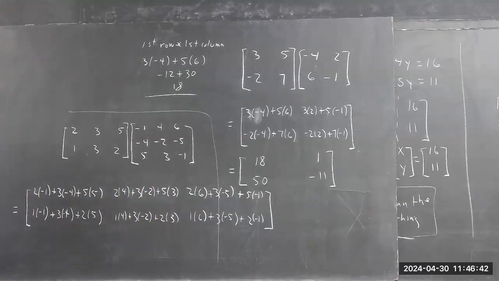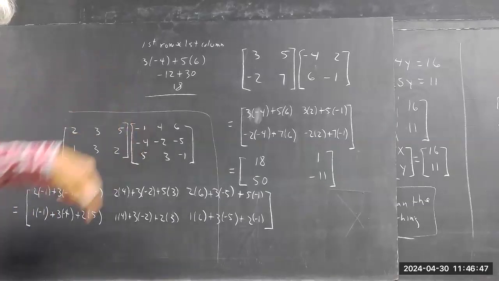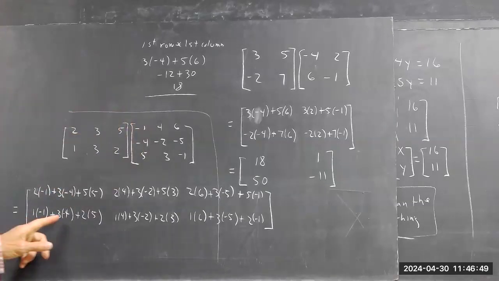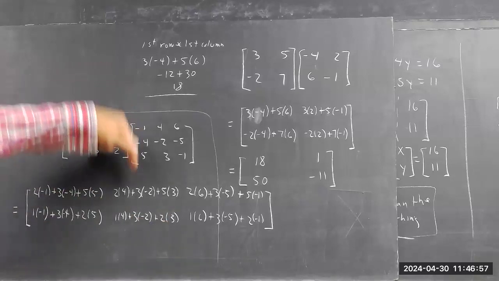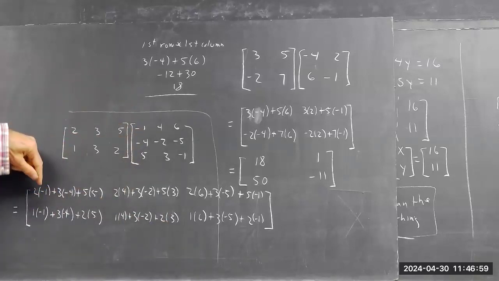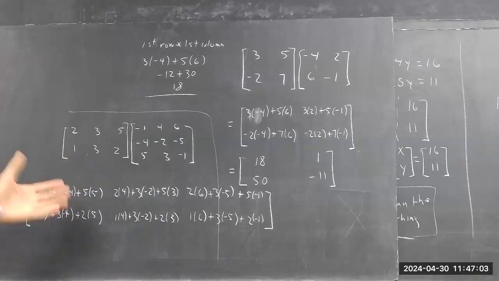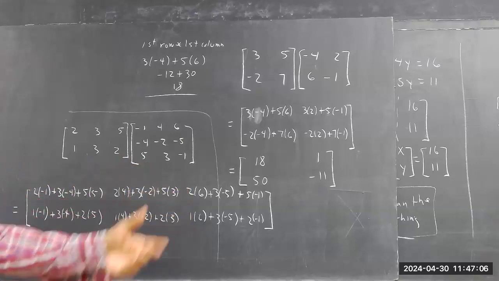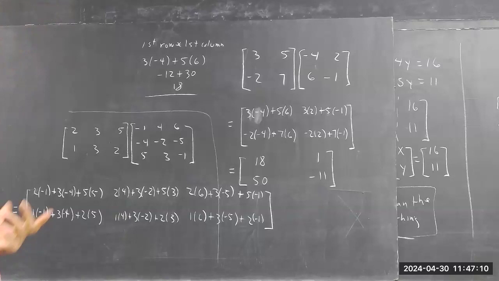Now the first column, I better have -1, -4, 5. Let's look over there. I'm looking at the first column, and -1, -4, 5 is in the parentheses, lined up. It's nice to line these up.